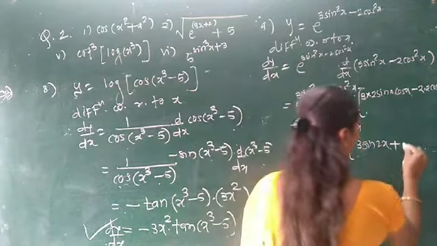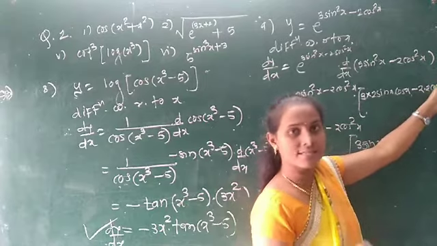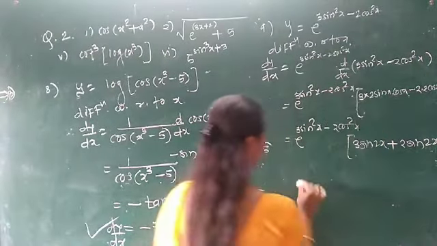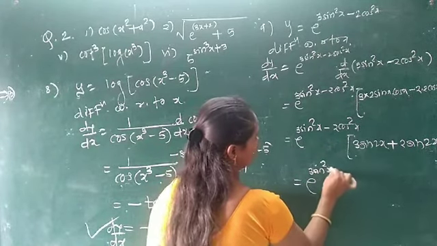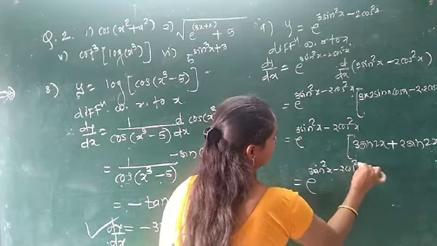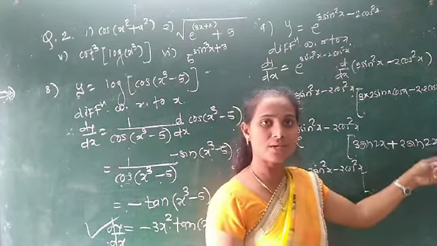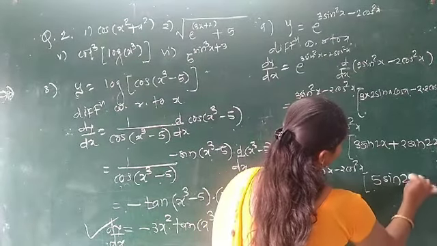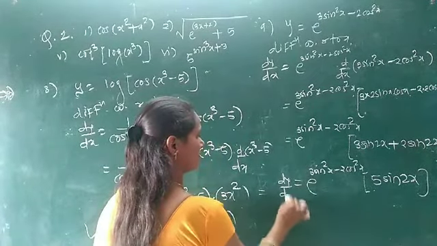Again, keep this 2 as it is. 2 cos theta sin theta means it is again sin 2x. e raised to 3 sin square x minus 2 cos square x. Now, 3 sin 2x plus 2 sin 2x, that means 5 sin 2x. 5 sin 2x, dy upon dx.